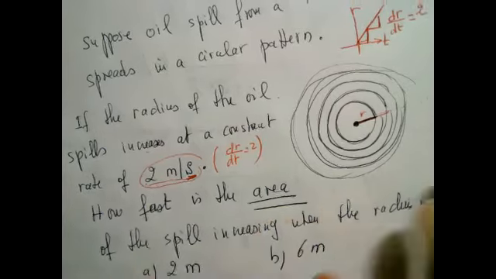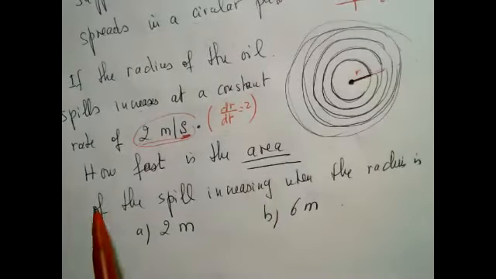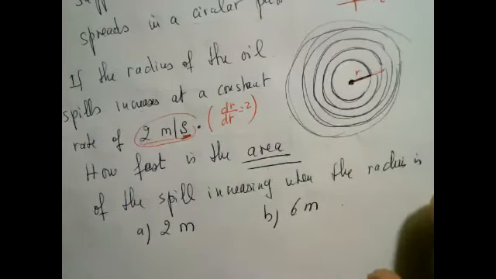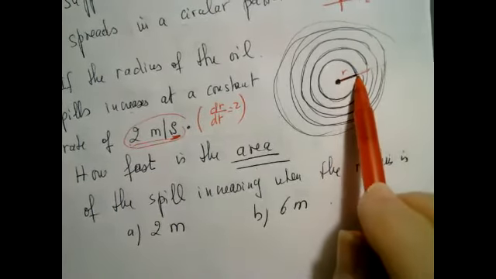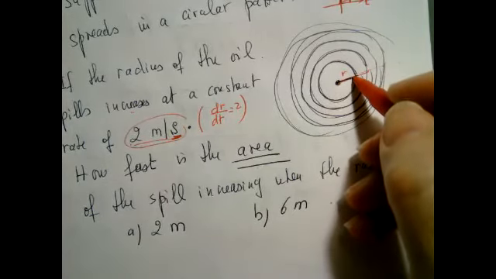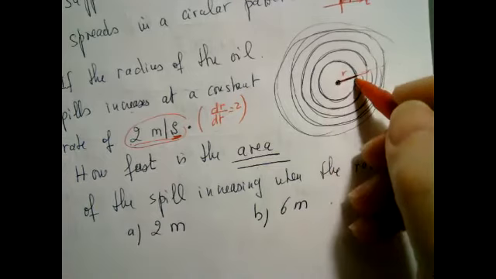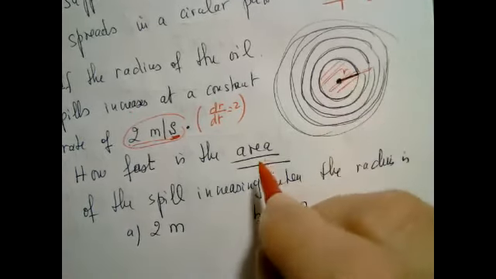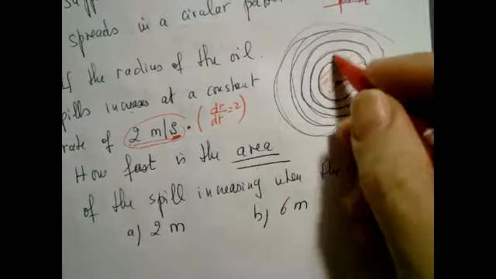Now, my question is, how fast is the area of the spill increasing? As time goes by, what's happening? The radius is increasing with time. As the radius increases with time, the area is also increasing with time.